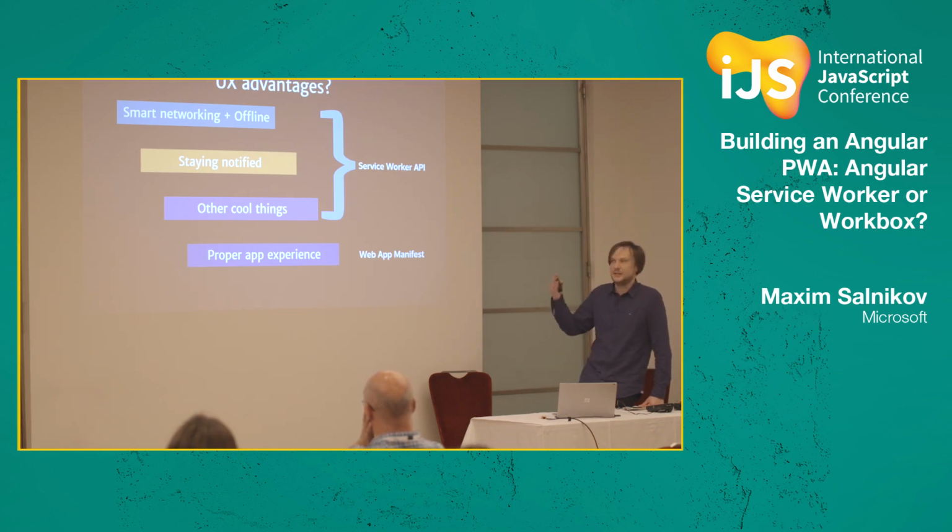So these are basically the pillars of what a progressive web app is, and the goal in general is to reduce the gap between what native apps can do and what web can do. And believe me, this gap is closing very fast.